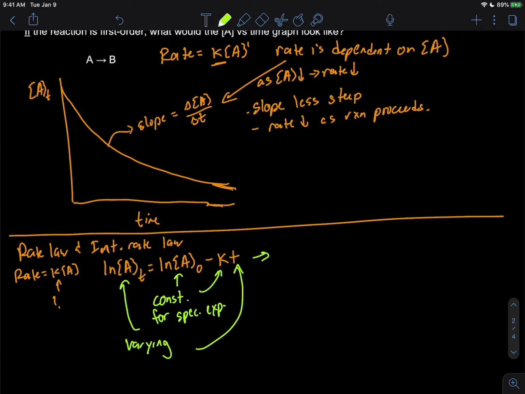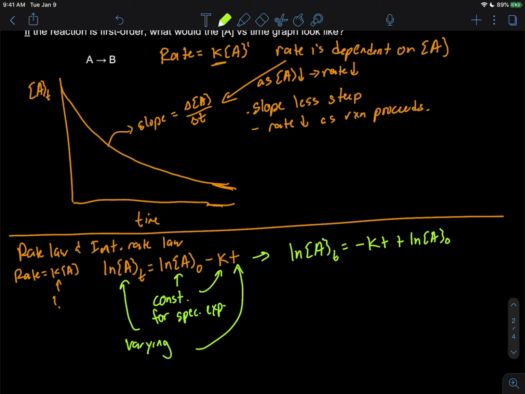Let's rearrange this. The natural log of concentration at some time equals negative kt plus the natural log of the original concentration of A. What we're doing is putting our changing variables next to each other, rearranging the natural log of A original, and k and t.